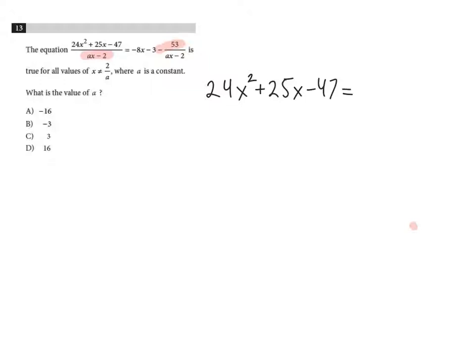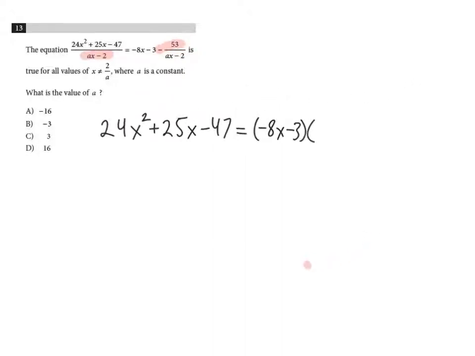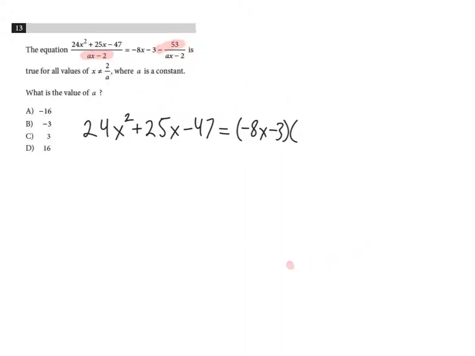That denominator is going to get eliminated. So we're going to have negative 8x minus 3 times ax minus 2, and then minus 53. Okay. So now if we're able to equate the coefficients, I think we'll be able to figure out what our a value is.